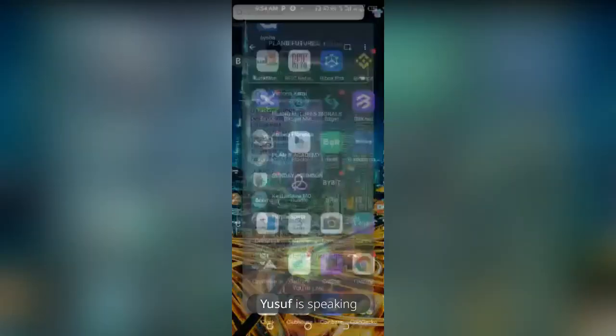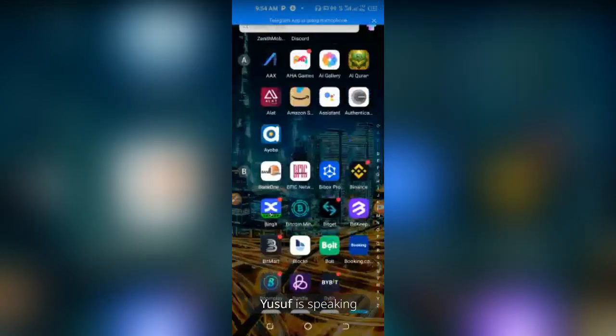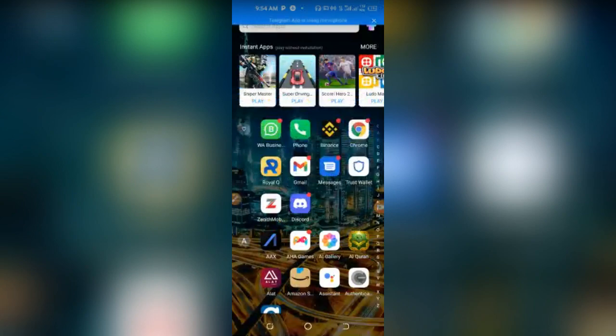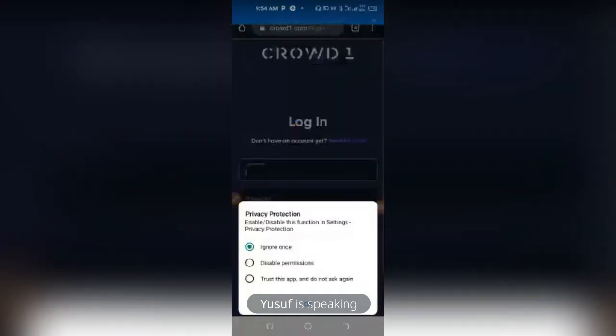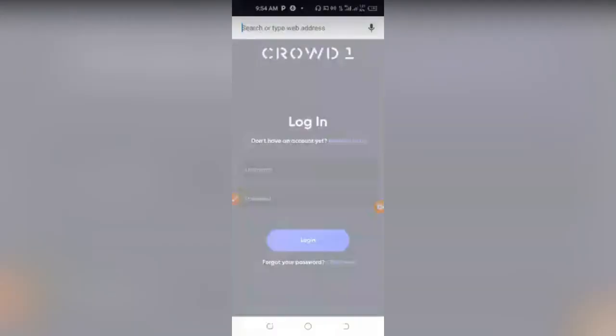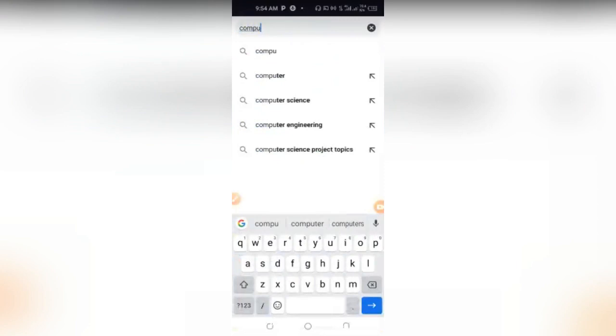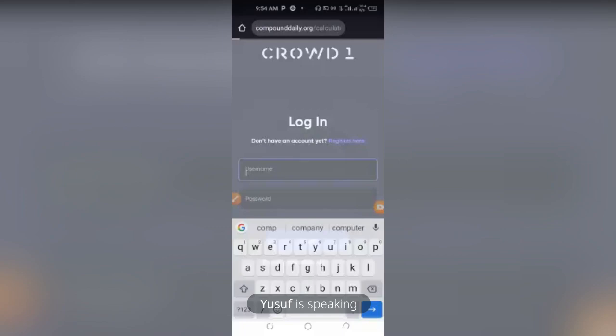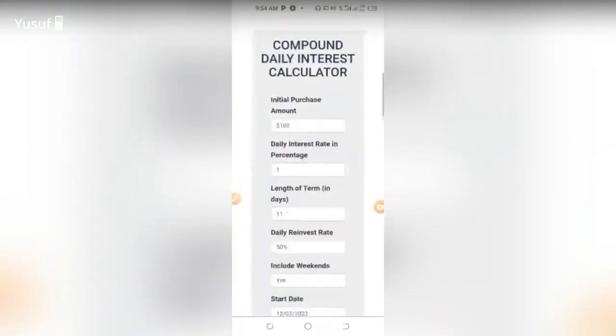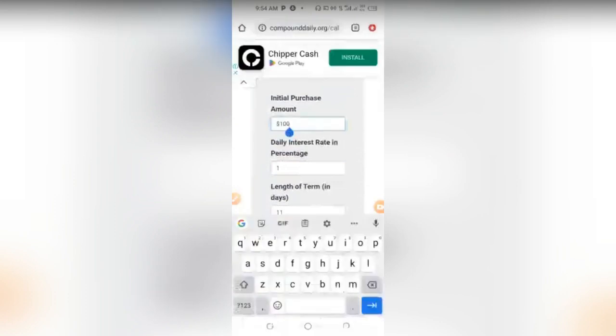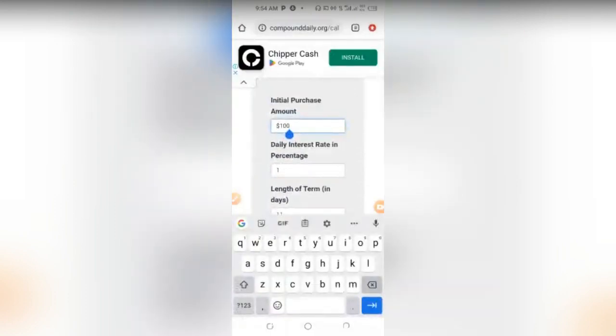Then if we look at compounding, like your own now, compound daily. If you are not touching anything, compound daily.